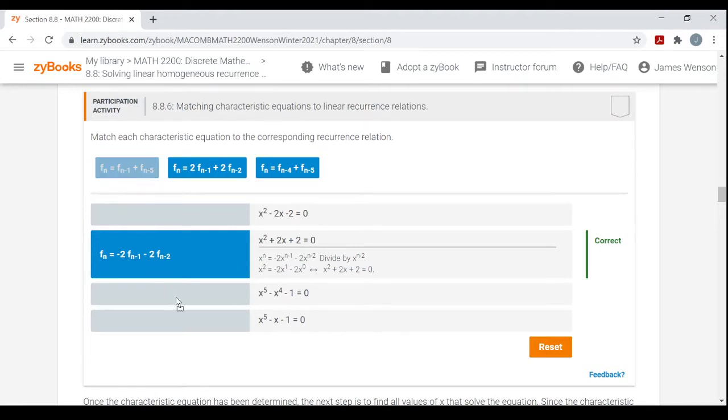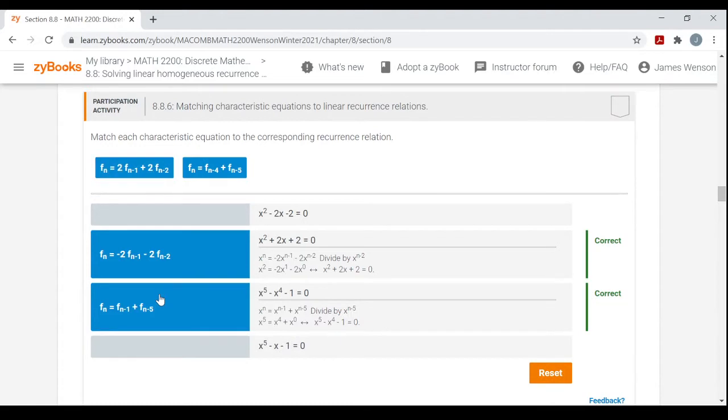Just skipping ahead and thinking about it out loud. So again, the power still will be degree 2. This will be the x squared term, and then this is n minus 1, so x to the first term, n minus 2, this will be the constant.